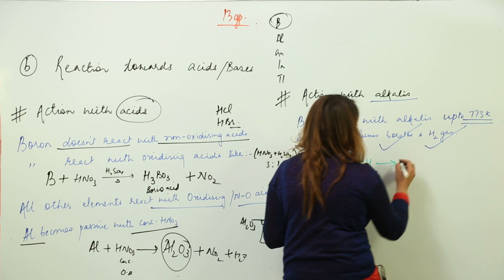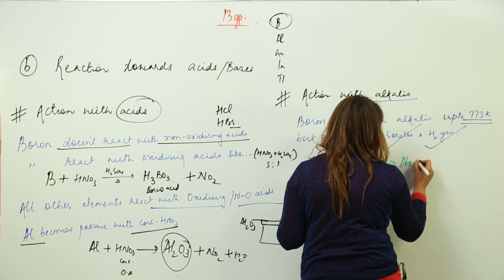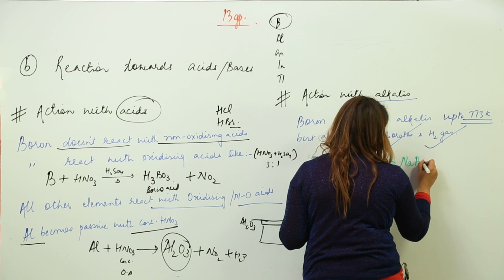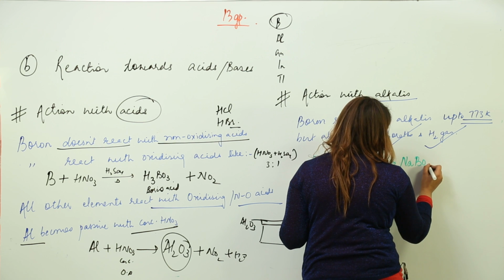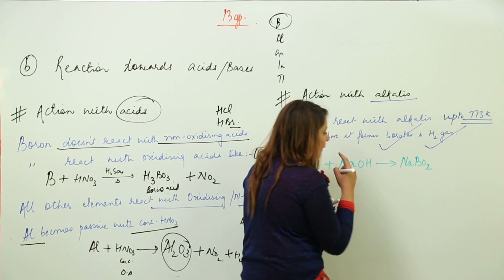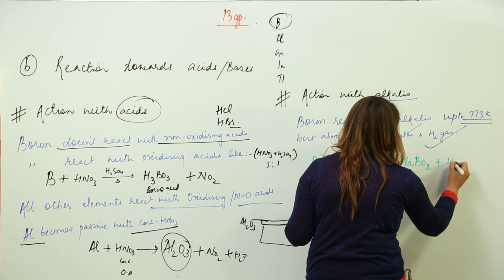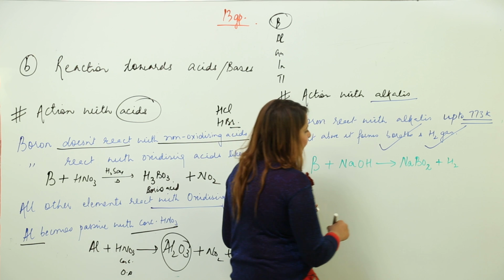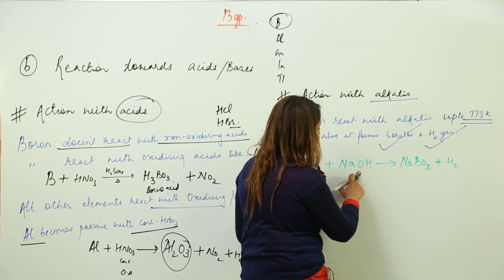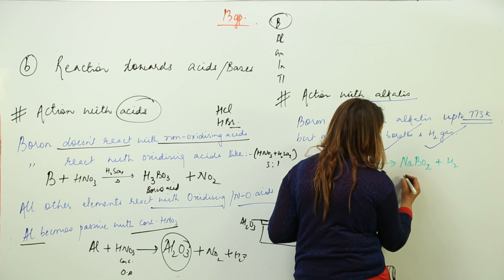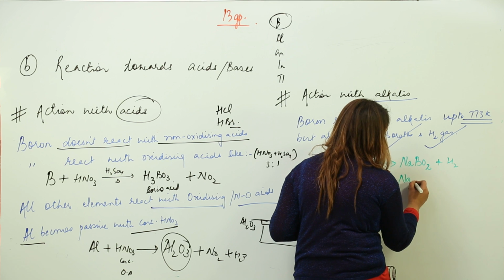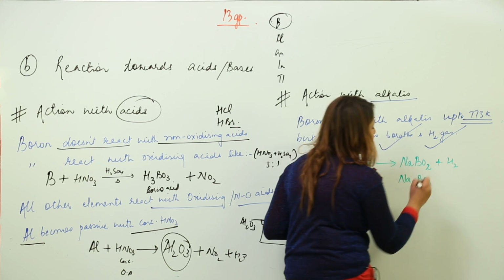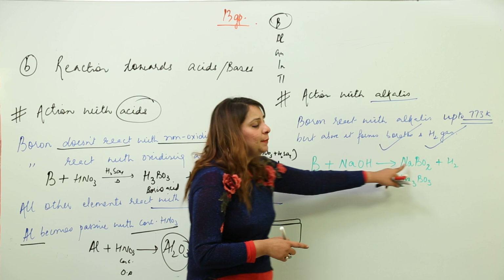It is going to form its borate, that is NaBO2, sodium metaborate, and along with that we will see hydrogen gas also. In the same way, boron reacting with NaOH can form NaBO2, and it can also form Na3BO3, because this is a metaborate.